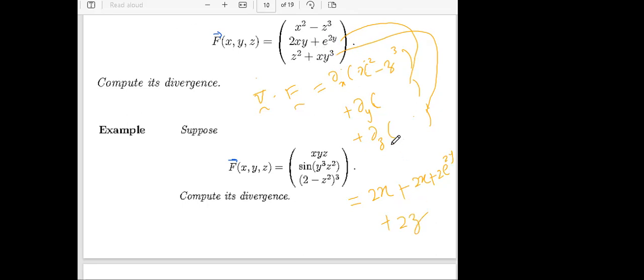So when you partially differentiate this term with respect to z, this becomes 0. So this is the divergence here, divergence of f, which is a function of x, y, and z. So this is a scalar function, scalar valued function.